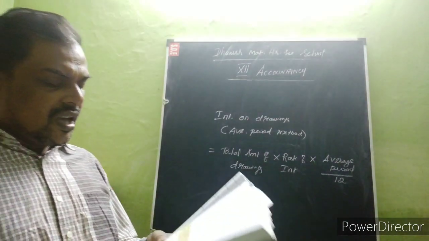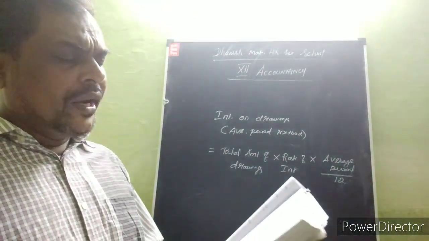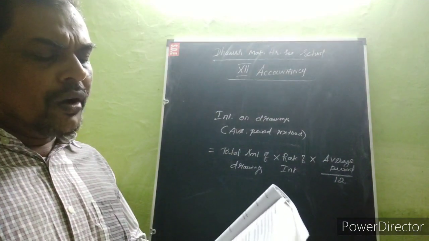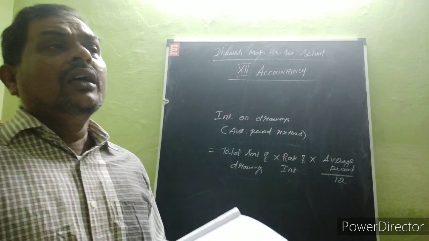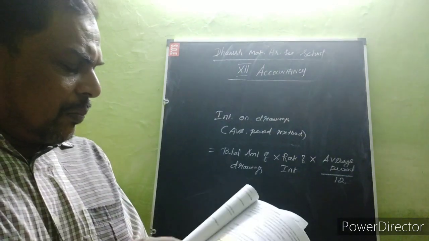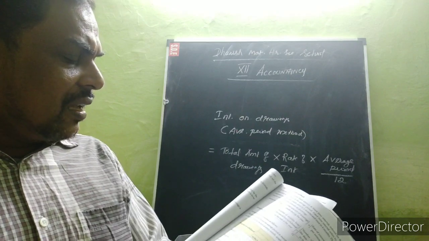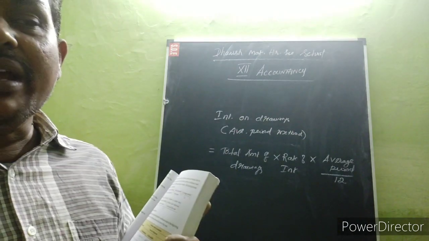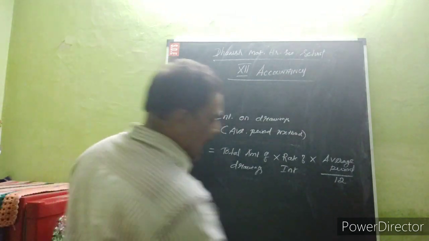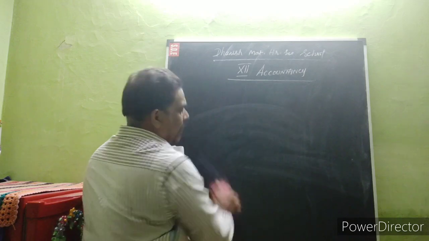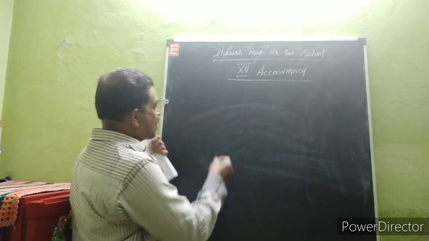Now, before going to the sum, I will give one format, that is a very important format, because average period can be calculated in 3 periods, that is monthly, quarterly and half yearly. So they have given a tabular column for easy calculation. The tabular column I am drawing here now. You please listen.